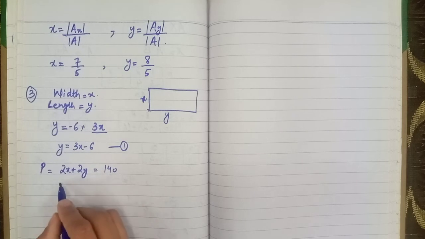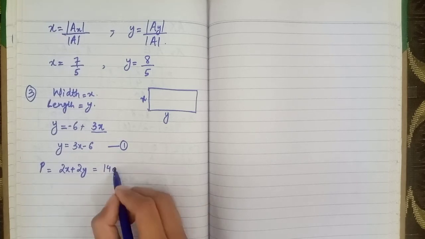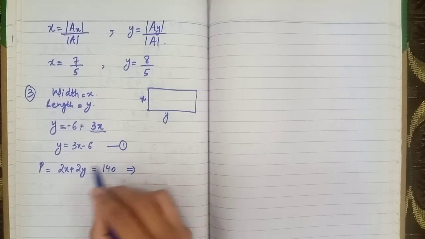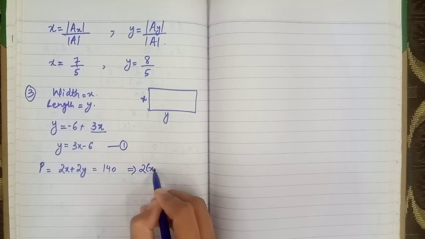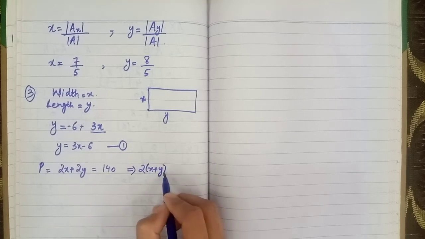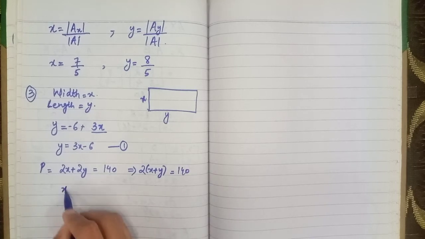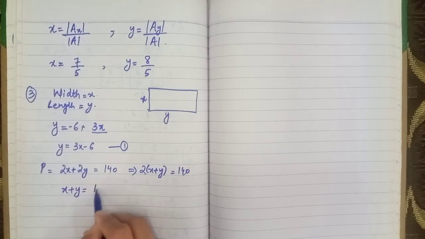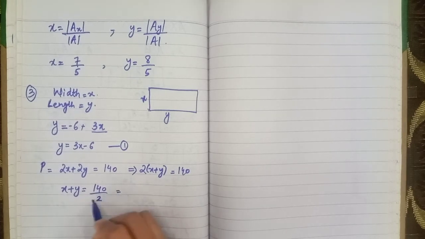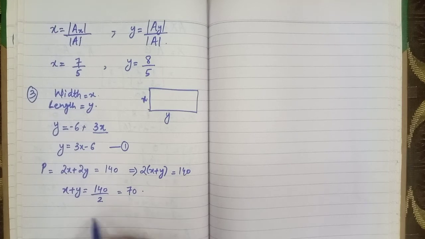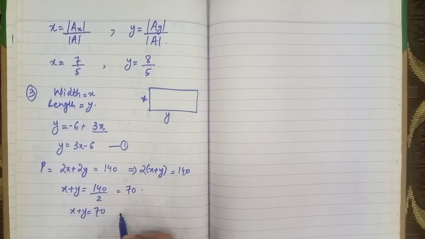Okay, now taking common, 2 times x plus y in the bracket equals 140. So x plus y equals 140 divided by 2, which is 70. x plus y equals 70. So this is equation 2.